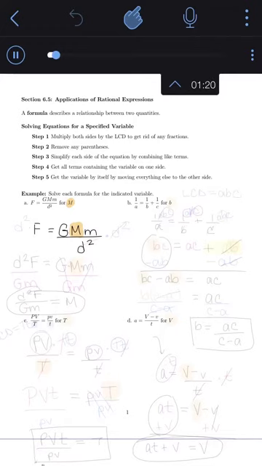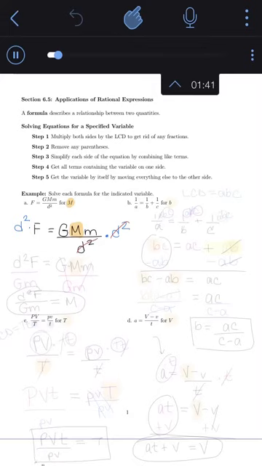How do you get rid of division? We're going to get rid of the division by multiplying. So we're going to move the D squared, or get rid of the division, by multiplying by a D squared on both sides. So what that will do is move the D squared from one side to the other.